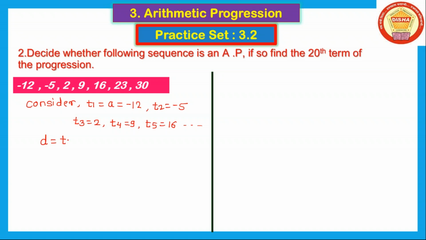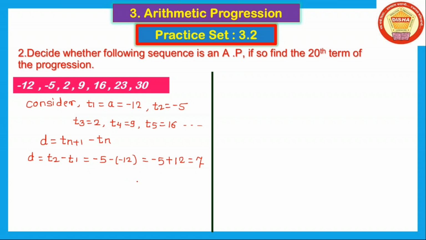D is equal to T n plus 1 minus T n. Then we find the difference between two consecutive terms. First two consecutive terms, that is T2 minus T1. T2 here is negative 5 and T1 is negative 12, so minus 5 minus negative 12 means minus 5 plus 12, which is equal to 7.